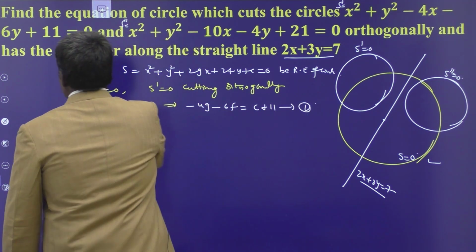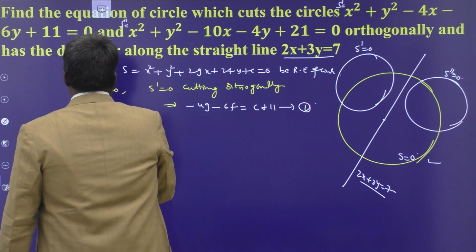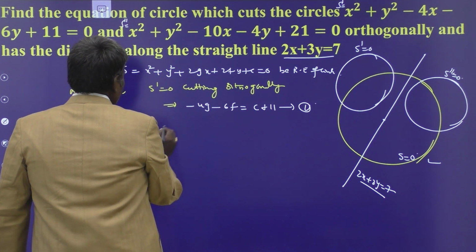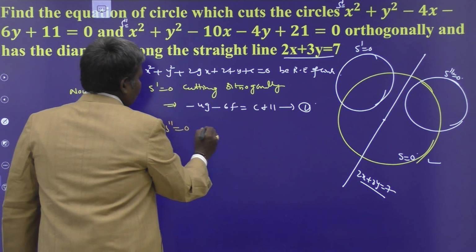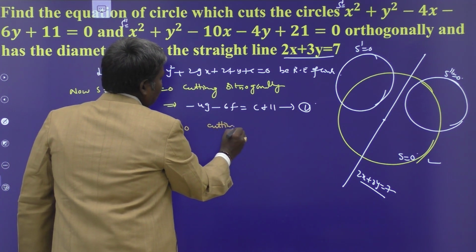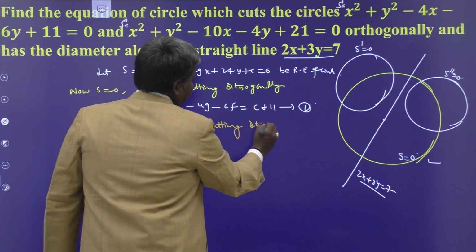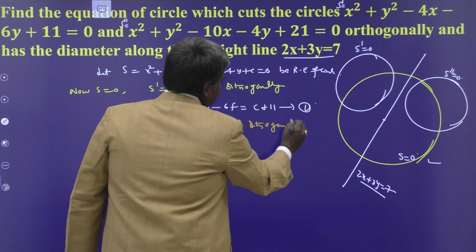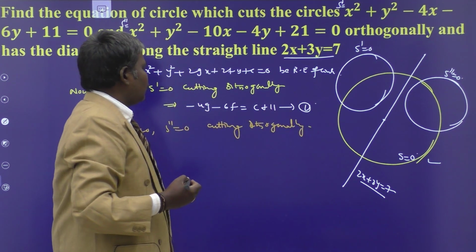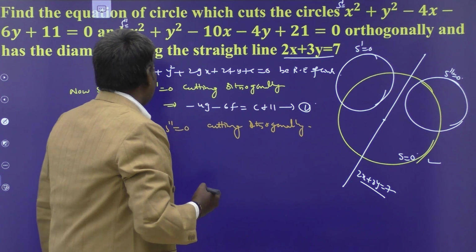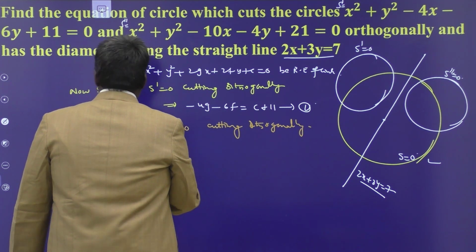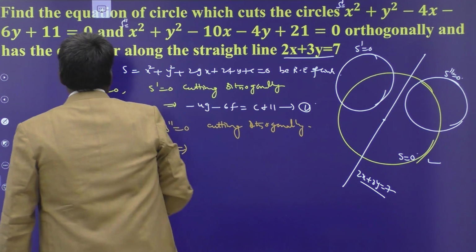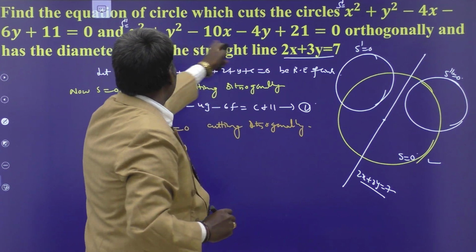Again S equal to 0, S double dash equal to 0 cutting orthogonally implies what happened? This is S double dash equal to 0.